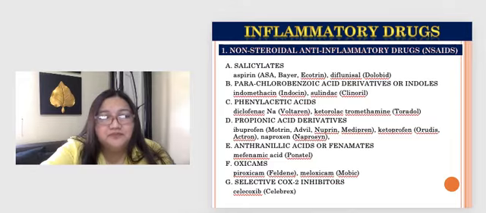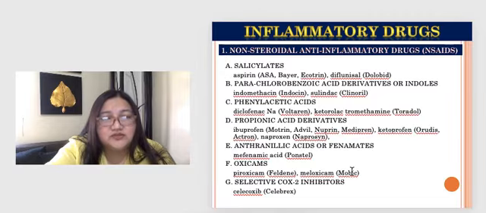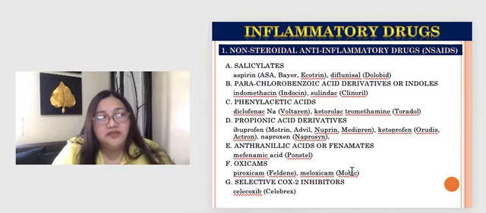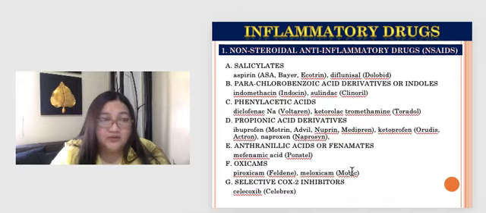Alright? Next, yung propionic acid derivatives. So again, yan si ibuprofen, yung Advil, ketoprofen, and naproxen. Alright? Nabanggit ko na yan din kanina. Anthranilic acids or fenamates, it's very common.